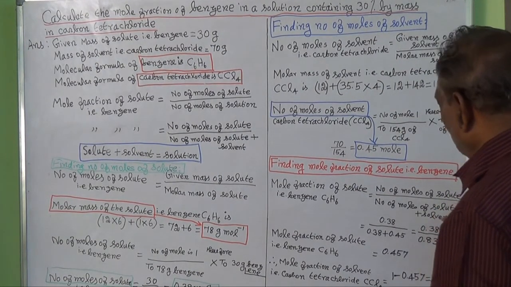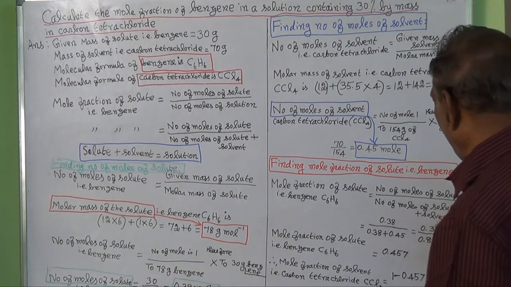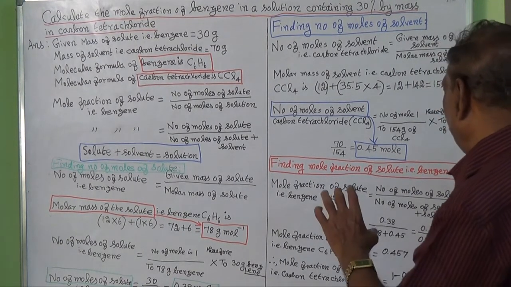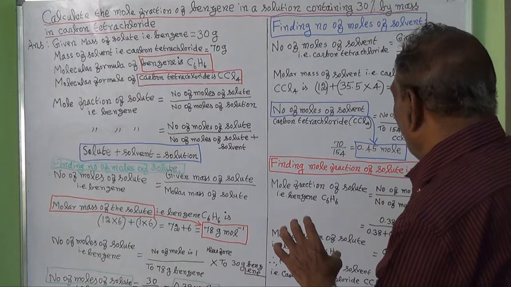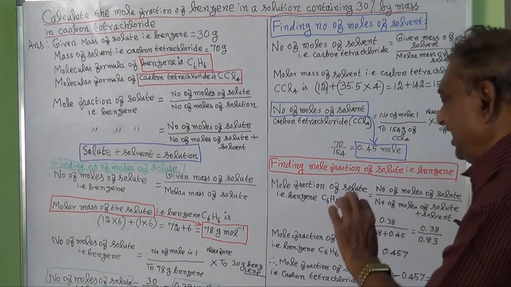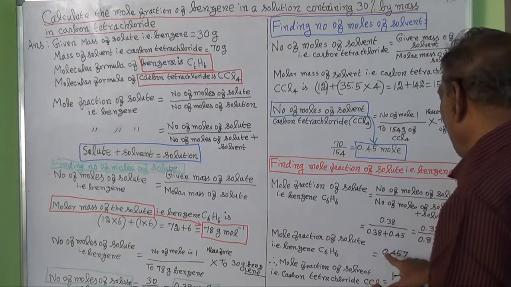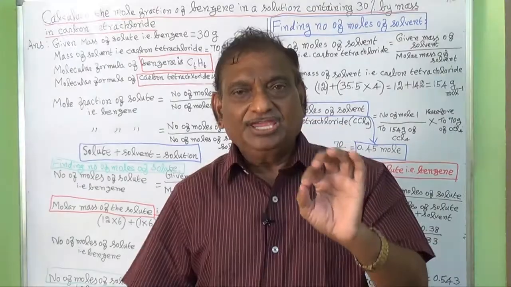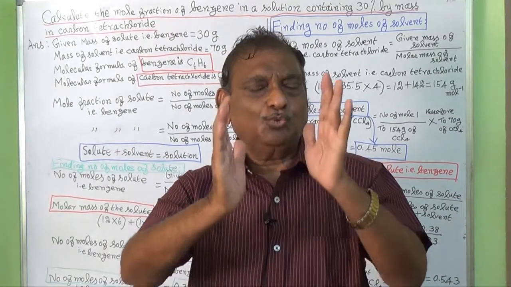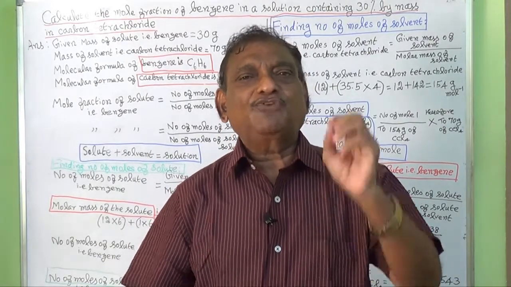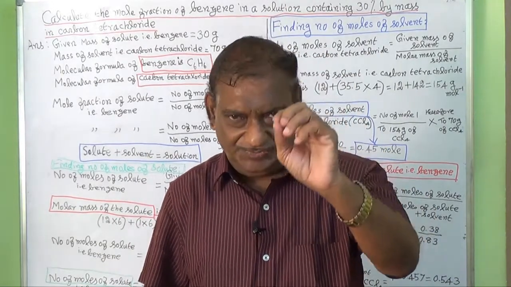If we divide 0.38 by 0.83, we will get the mole fraction of solute, that is benzene C6H6, as 0.457. In this sum, it is asked only to find the mole fraction of the solute benzene.